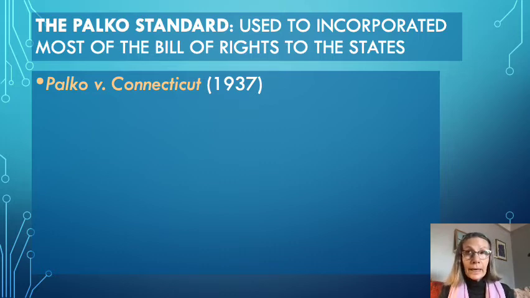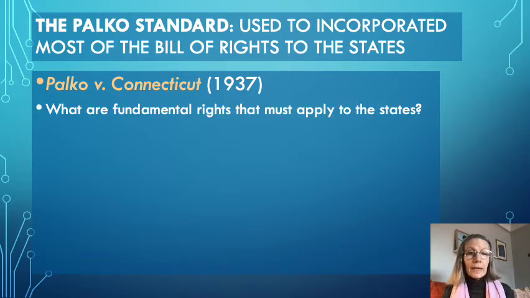And so they allowed for a new trial of Frank Palko. And Frank Palko was tried again, found guilty of first-degree homicide, and sentenced to death. So the question in Palko versus Connecticut revolves around double jeopardy, whether or not you can be charged and tried twice for the same crime.